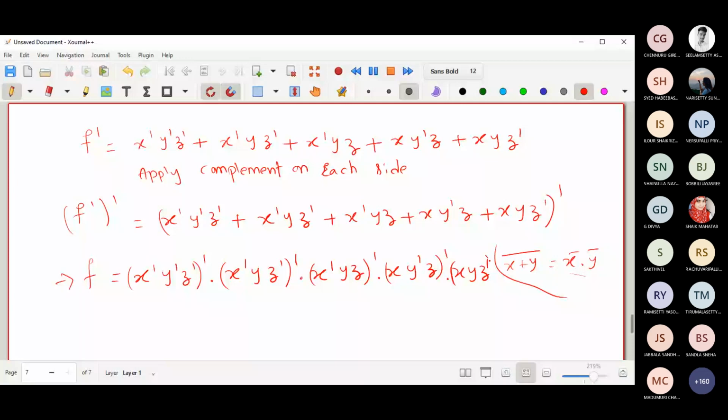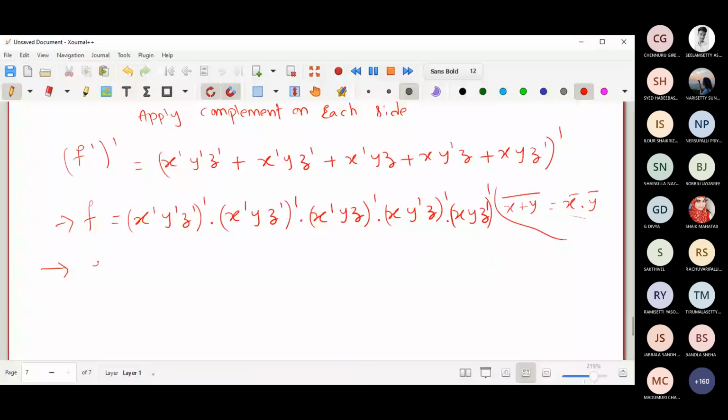Then how can I write here? F equal to, again De Morgan's theorem, x dot y whole bar is x bar plus y bar.